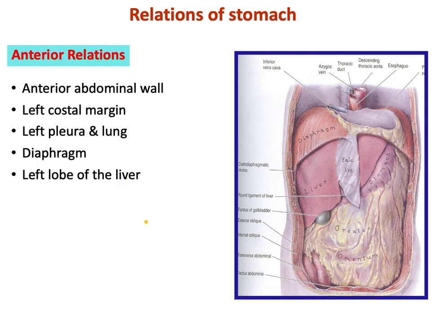Now, what about the relations of the stomach? So we have mainly the anterior relation, most importantly, and the posterior relation of the stomach. Starting with the anterior relation, look at this part of the stomach that is exposed, you see here. You know that the anterior abdominal wall is removed. That means anteriorly, we have the anterior abdominal wall.